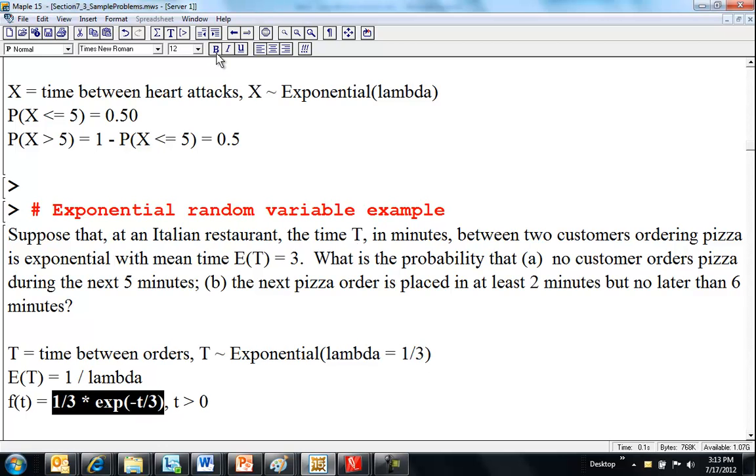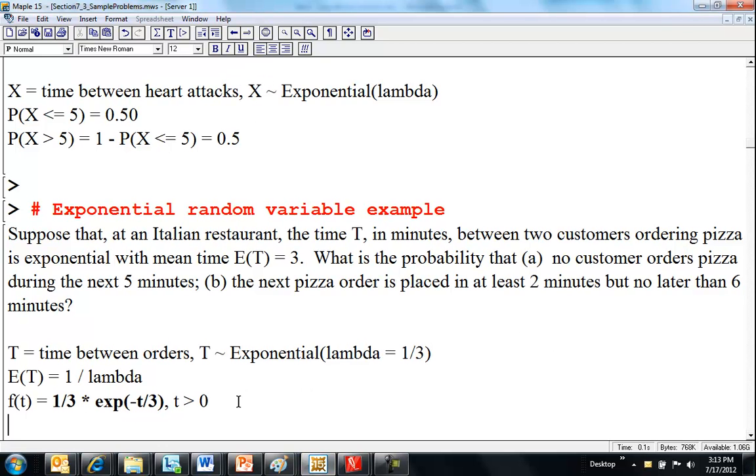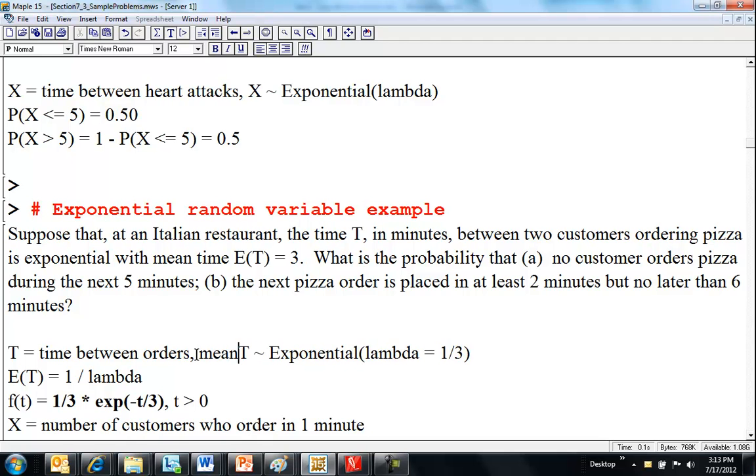So let's look at this now as a Poisson. Poisson, x equals not time, but the number of customers who order in 1 minute. The time between orders is exponential with a mean of 3 minutes.